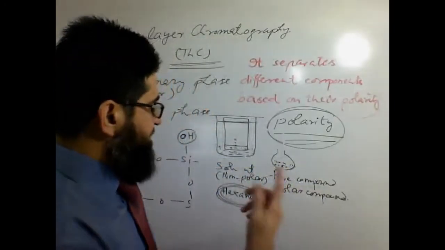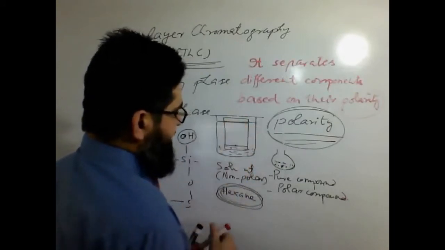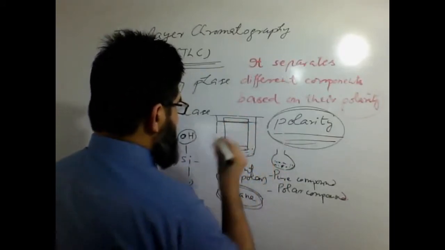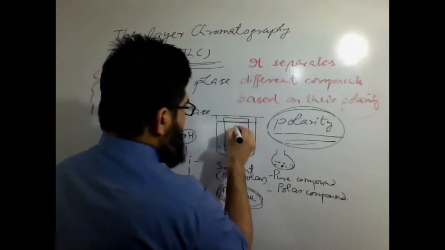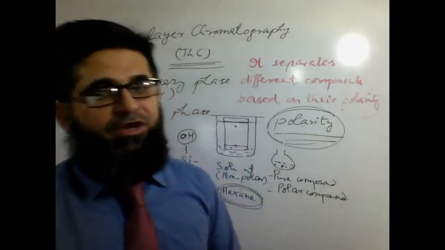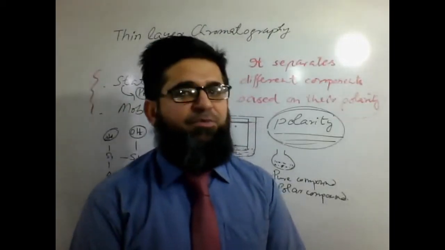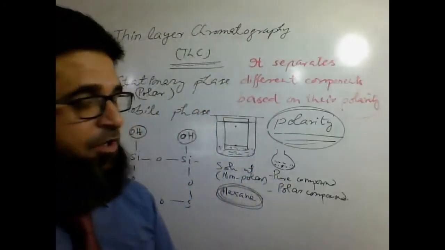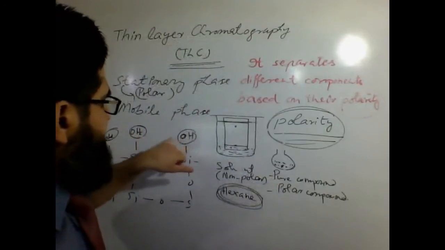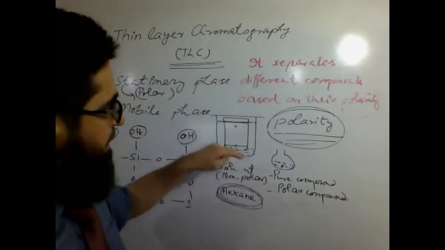On the other hand, if the TLC has been run, and after the running we see a spot a bit higher on the TLC, then obviously it will come to my mind that it can't be a polar compound, because polar compounds are supposed to get hindered by the hydroxyls, and polars won't move that high on TLC.